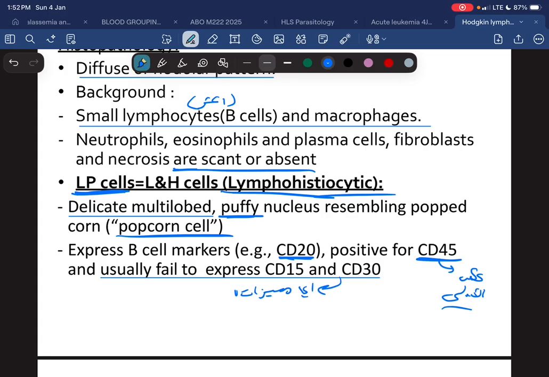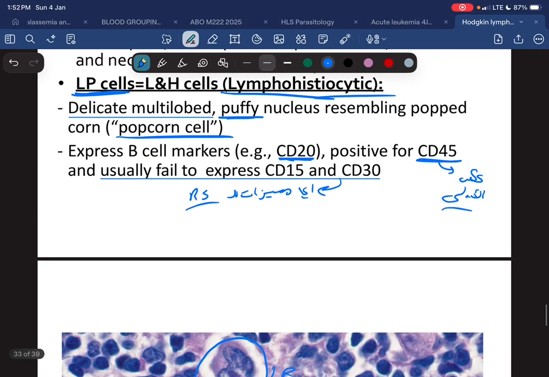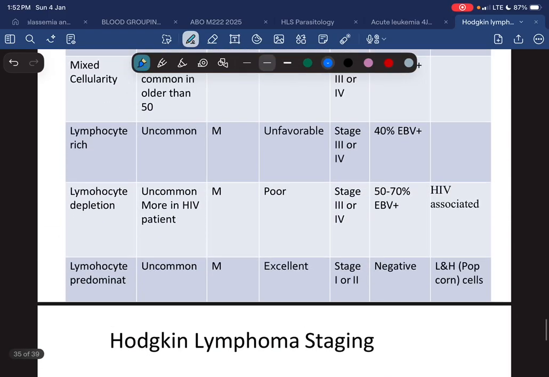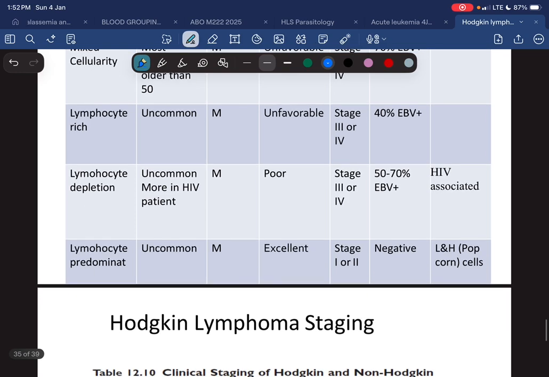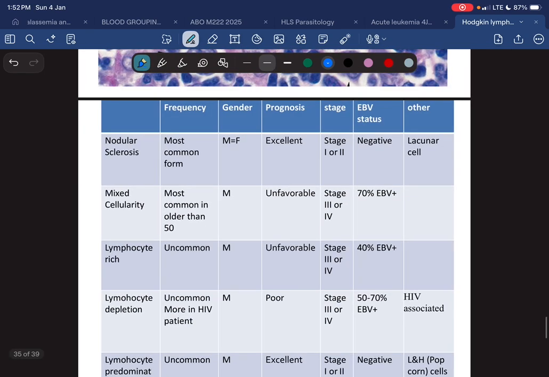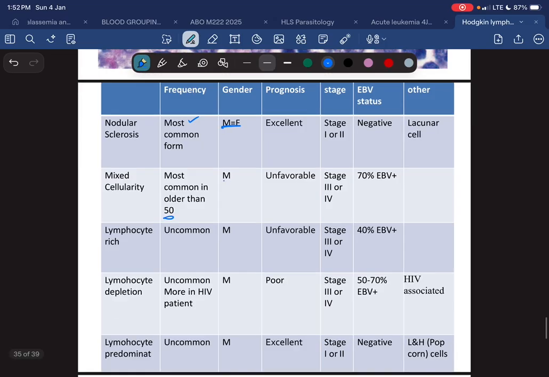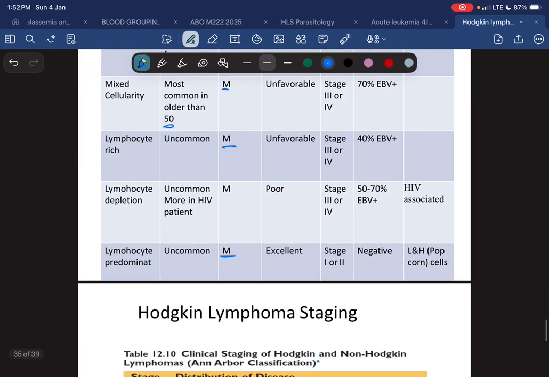We talked about most of them. Nodular sclerosis, the cells look like owl cells, RS cells. Mixed cellularity more in males, older age group, unfavorable advanced stage. EBV associated, lymphocyte rich, unfavorable advanced stage as well with EBV related infection.